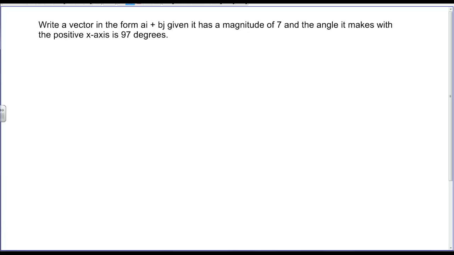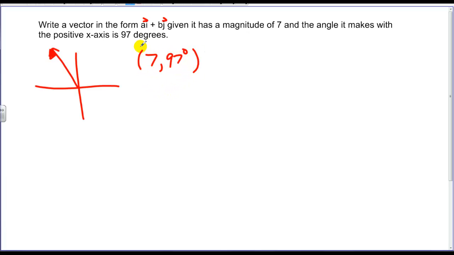Lastly, we're going to write a vector in the form of a times the unit vector i and b times the unit vector j, given that it has a magnitude of 7 and the angle it makes with the positive x-axis is 97 degrees. Well, think about that. Here's my vector, if you will, that is given by a magnitude of 7 and 97 degrees.